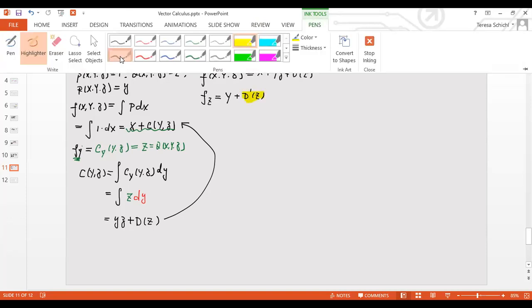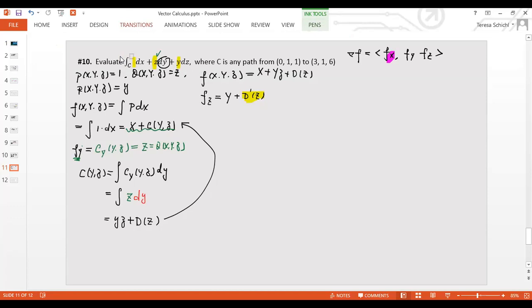So now I need to integrate back. I say, okay, the f_z is here, so compare f_z, which is equal to R x y z. What is R x y z? It is 1.